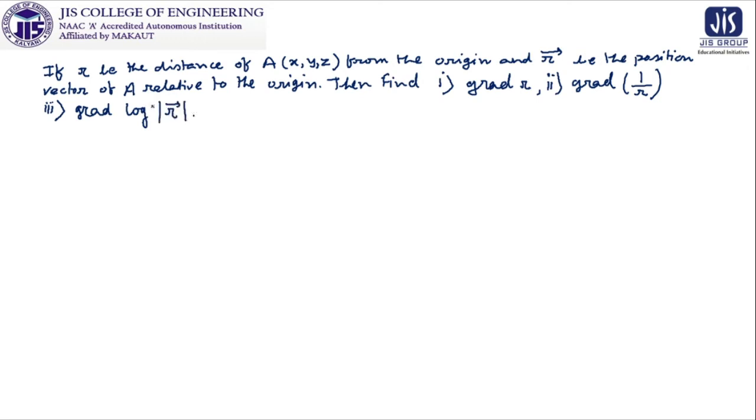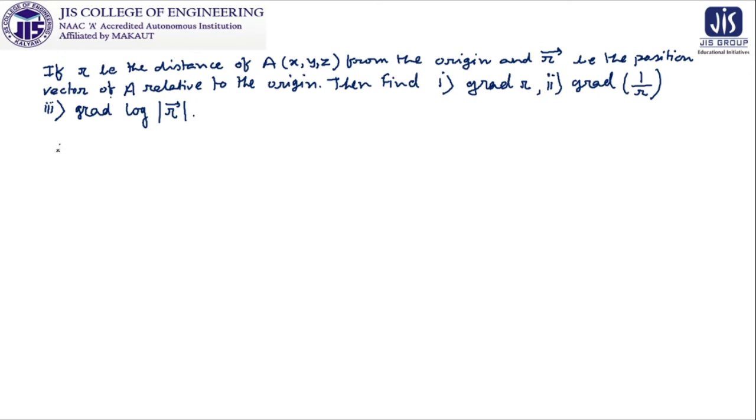So there are three problems, and we have to proceed one by one. Let us check how to think for these types of problems first, how to proceed basically. We need gradient, meaning del operator acting on u.